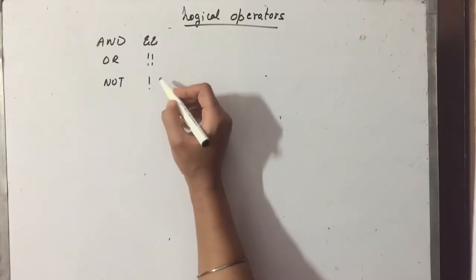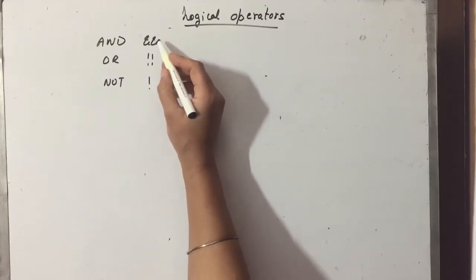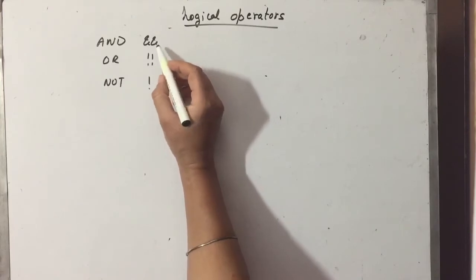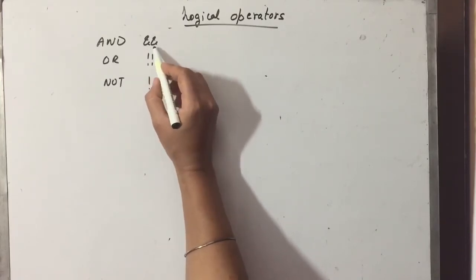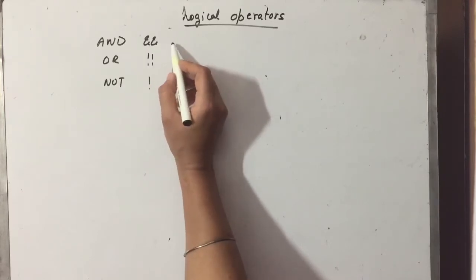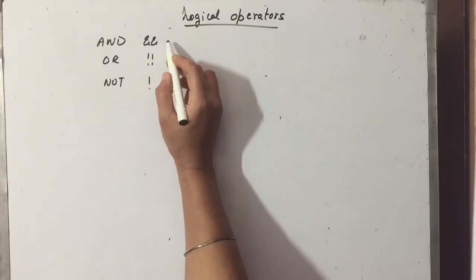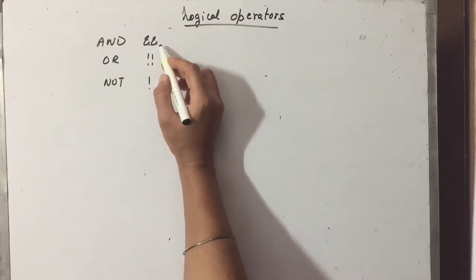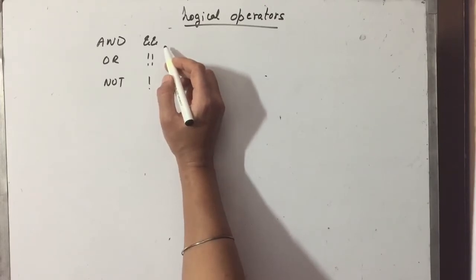Now these are mathematical operators as well, because and works when both conditions are true, then and will evaluate to true. If one of the conditions is false then the anding will not turn out to be true. There are many conditions for this which you also study in Boolean algebra: and, or and not. If you have studied gates or maths, in that too anding, oring and not are evaluated.